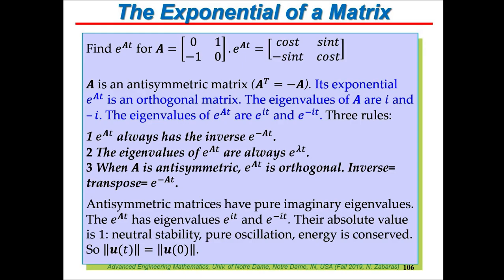So the magnitude of the solution remains unchanged. This is what we call neutral stability. The solution in magnitude doesn't change. It's like rotating around a circle, so the vector of the solution changes, but the magnitude remains the same. And all of this results from this particular matrix being anti-symmetric.